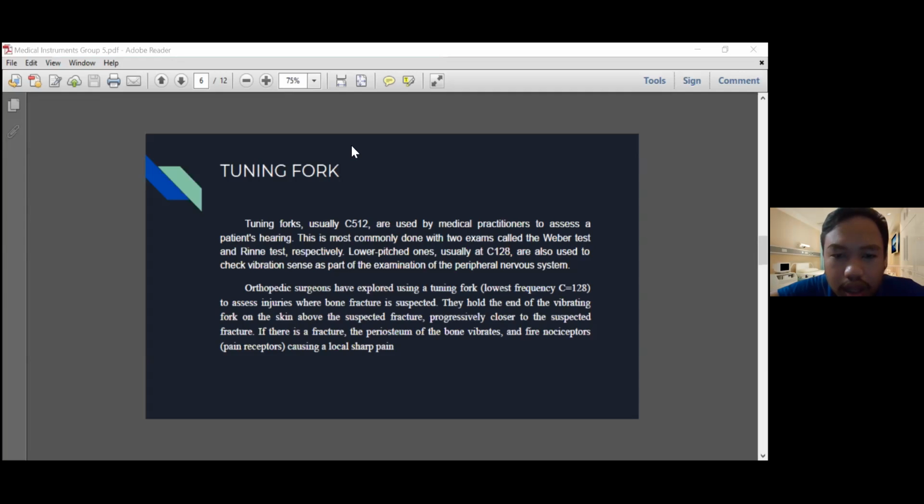They hold the end of the vibrating fork on the skin above the suspected fracture, progressively closer to the suspected fracture. If there is a fracture, the periosteum of the bone vibrates and stimulates the nociceptor or pain receptor, causing a local sharp pain.